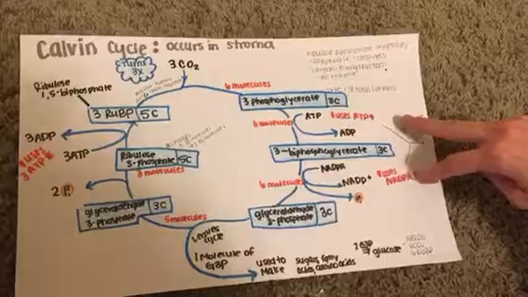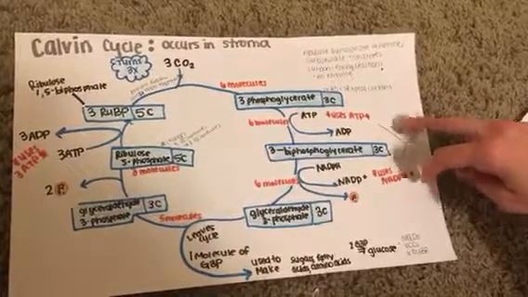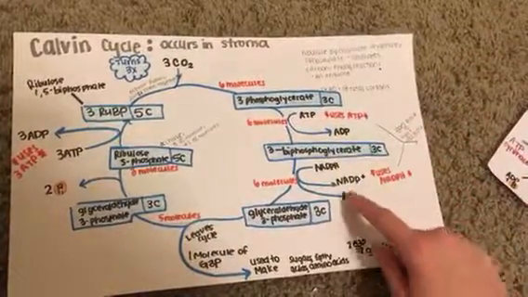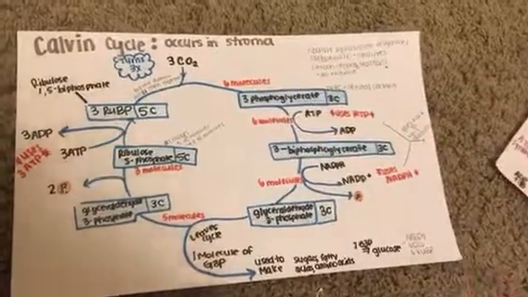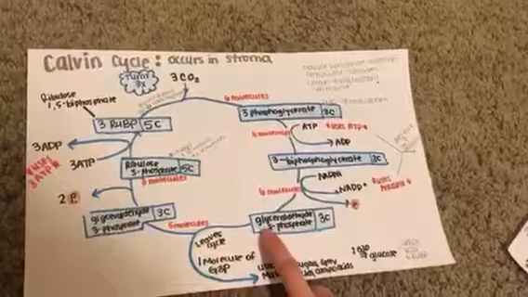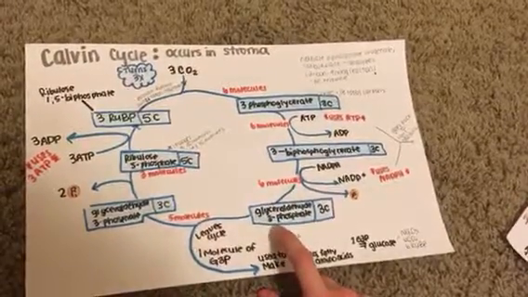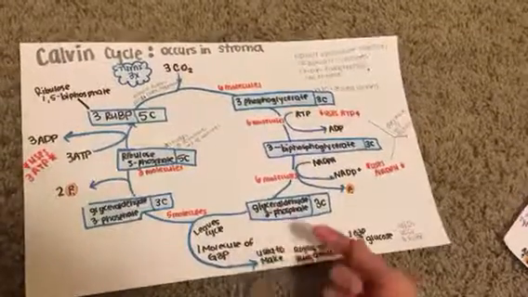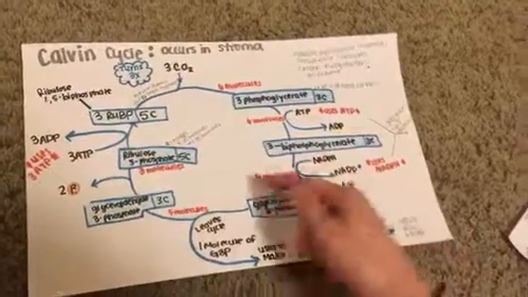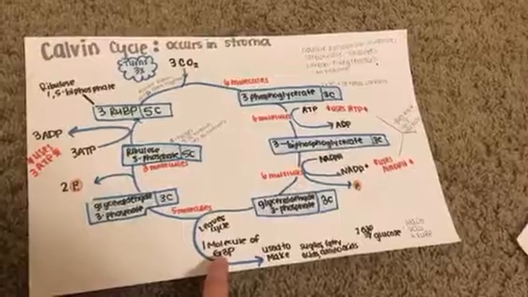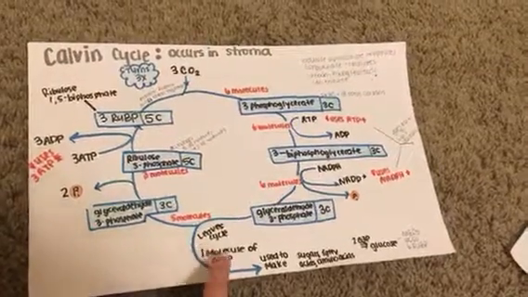The ADP and NADP plus go back to the light reactions, so they are always used again. And then comes glyceraldehyde 3-phosphate, which is a 3 carbon molecule. So here, 6 molecules go to 5 molecules because 1 molecule of glyceraldehyde 3-phosphate leaves the cycle.